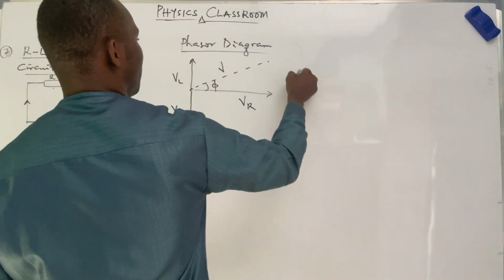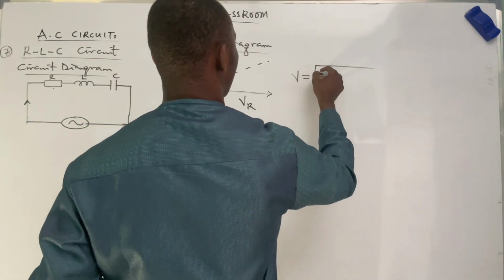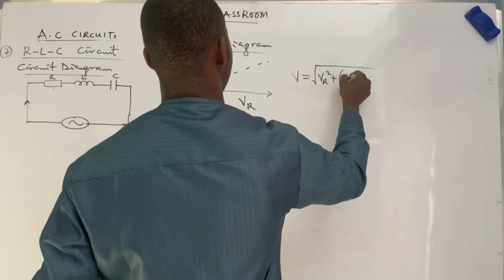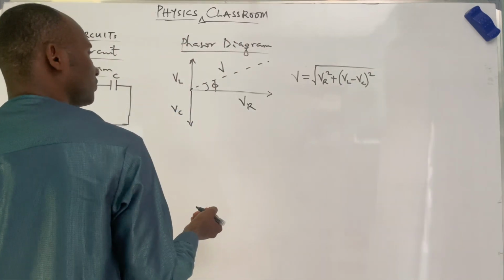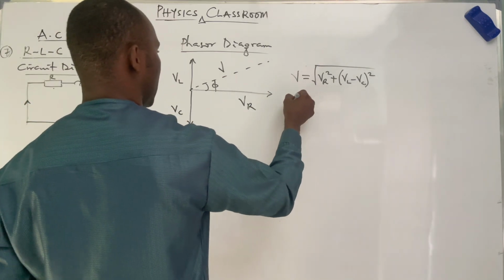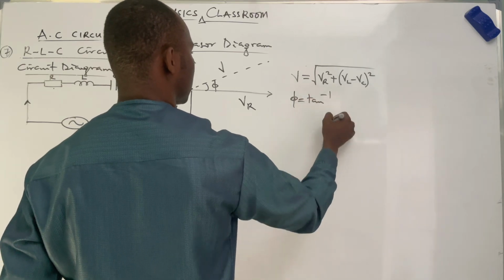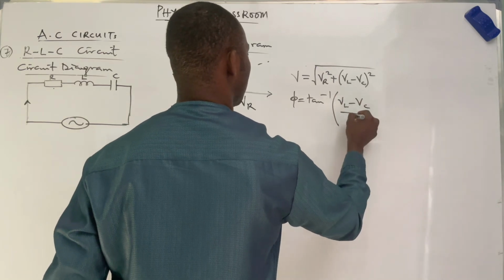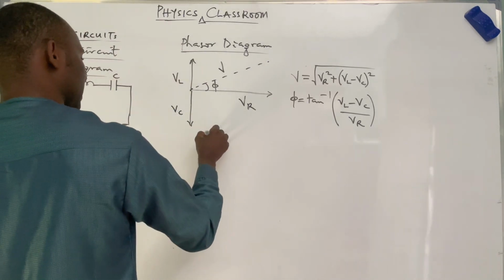So from here, our V will be said to be equal to root of VR squared plus VL minus VC all squared. Phase angle in this regard will be tan inverse of VL minus VC all over VR. Take note of that.